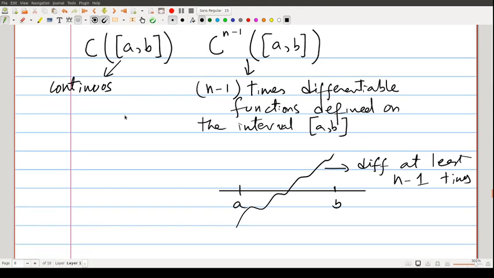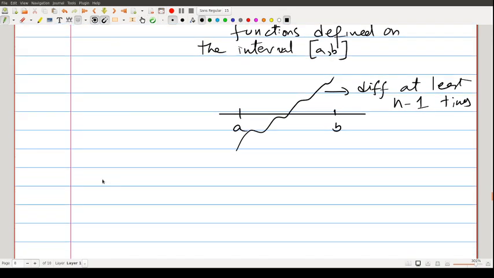Notice something: if you have a function in C^(n-1), that is, you can differentiate it n minus 1 times, and you differentiate it once, then it is no longer in C^(n-1). Now it belongs in C^(n-2), that is, you can differentiate it at least n minus 2 times, but more than that is not guaranteed.